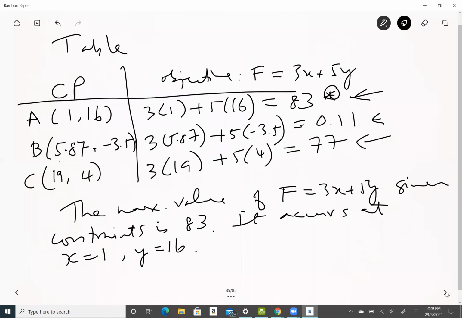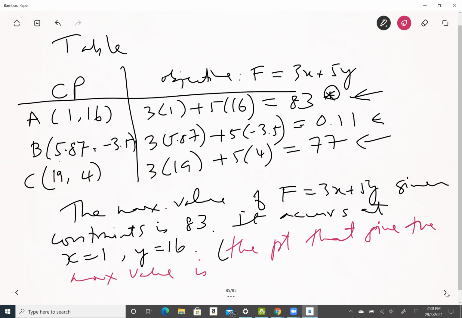Or we can say also the point that gives you the maximum value is x equal to 1, y equal to 16. So that is described.